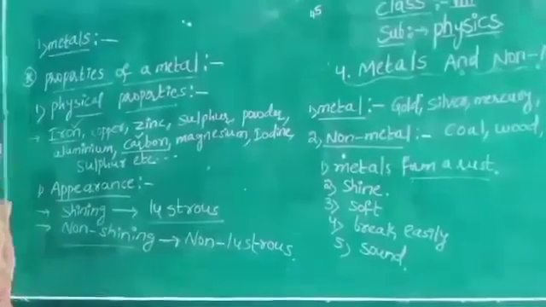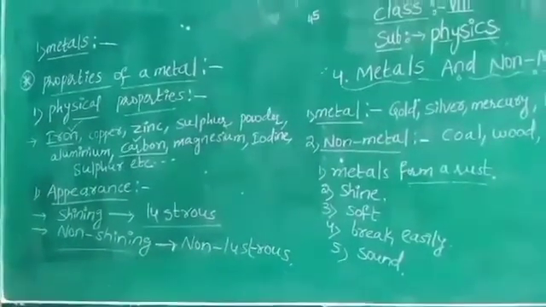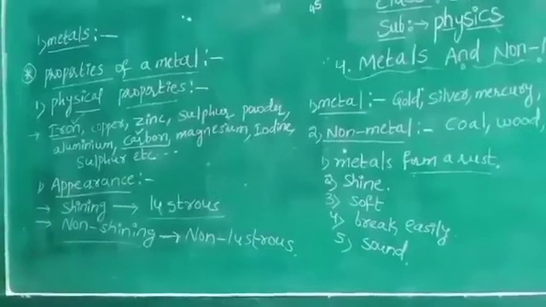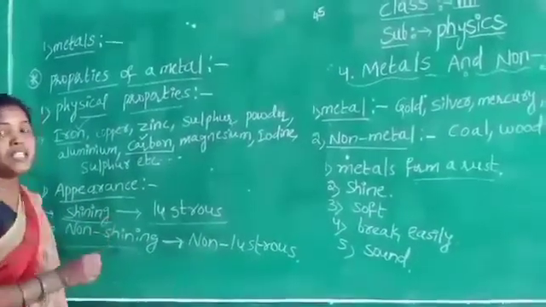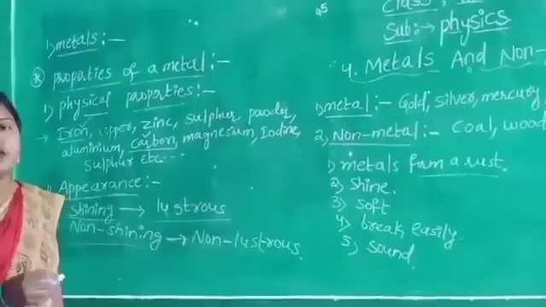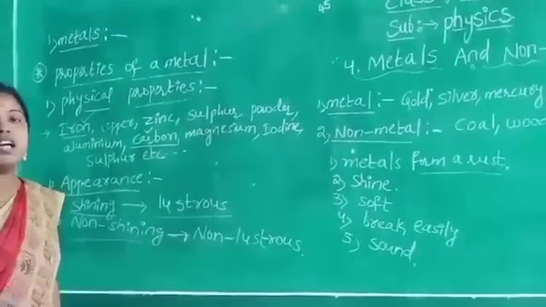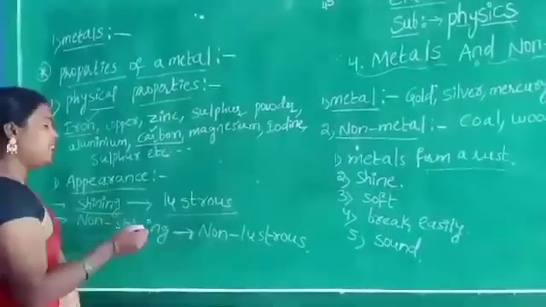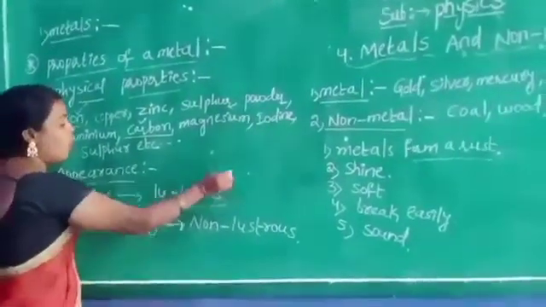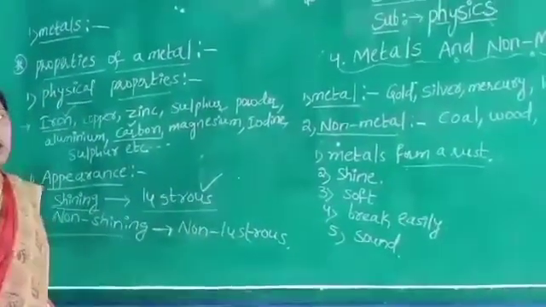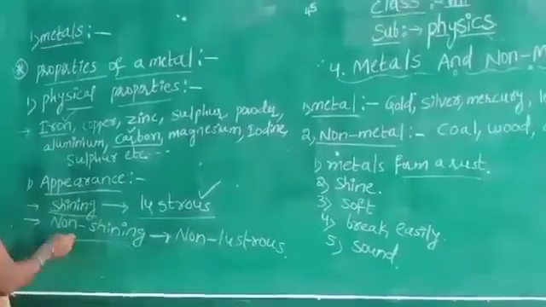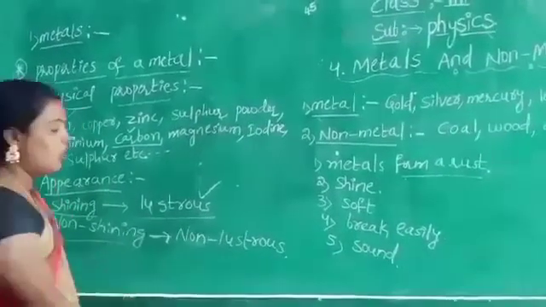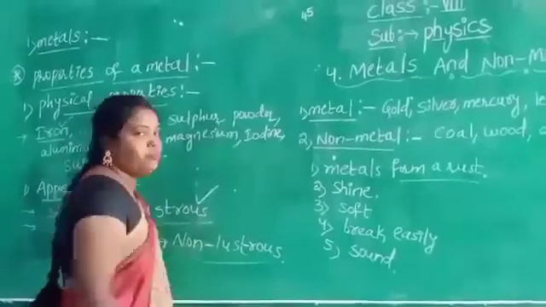So from this topic what we understand: which materials are shining in the presence of sunlight and reflect the sunlight, those materials are called lustrous materials. Which materials are non-shining? Those materials are called non-lustrous materials.